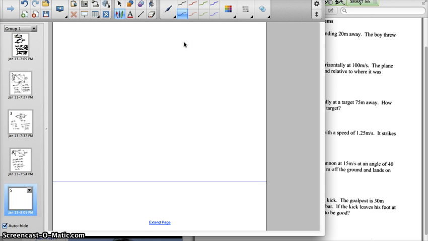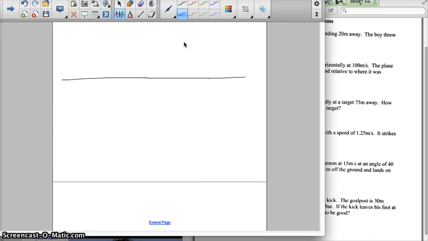Draw a quick picture. There's the ground, and so the person's shot from a cannon that's 1 meter above the ground. So I'll draw a little 1 meter there. All right, then the person's launched. There's the cannon, right?